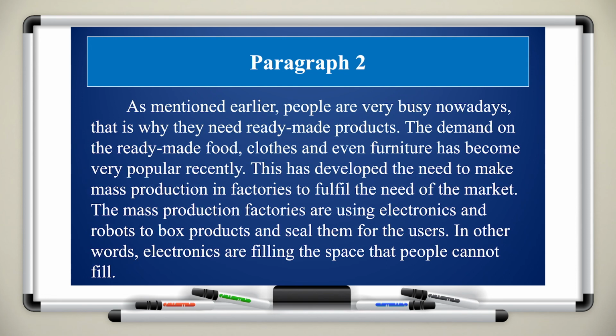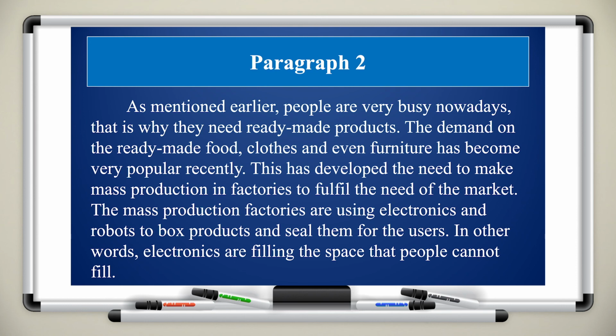For paragraph 2, let's take a look. As mentioned earlier, people are very busy nowadays. That is why they need ready-made products. The demand on ready-made food, clothes, and even furniture has become very popular recently. This has developed the need to make mass production in factories to fulfill the need of the market.